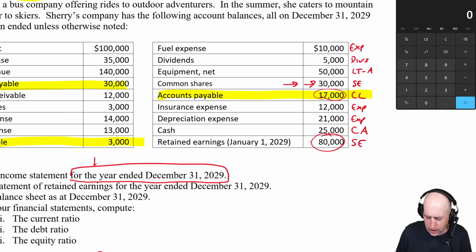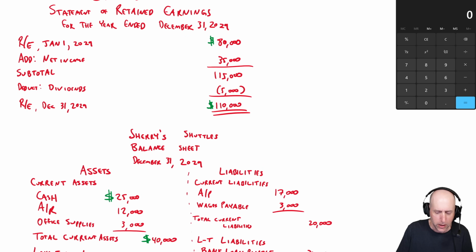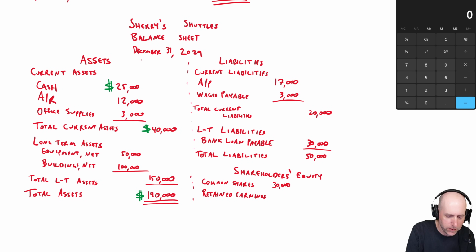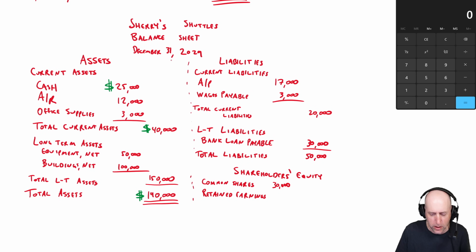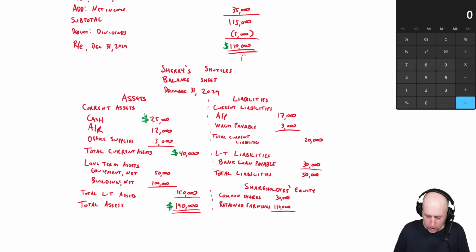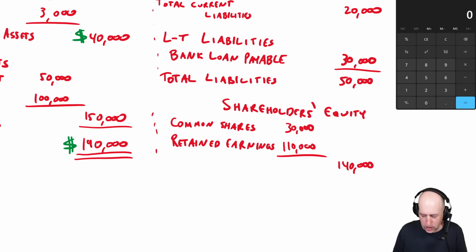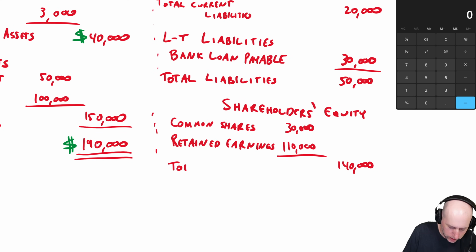If I take this number, $80,000, the reason this is wrong is because this is January 1st, and we're doing a December 31st balance sheet, so this is wrong. So where do I get my December 31st retained earnings? And the answer is the statement of retained earnings. So it's $110,000. So 30 plus 110 is 140. And that is my total shareholders' equity.